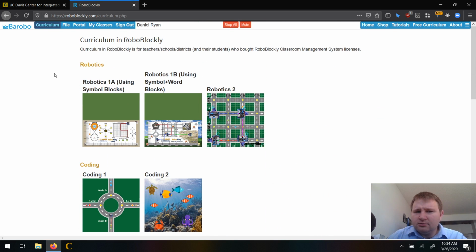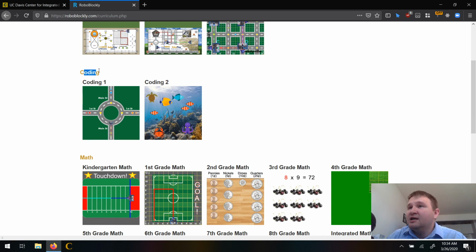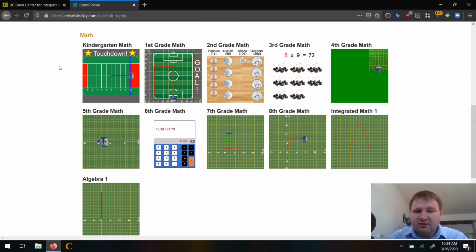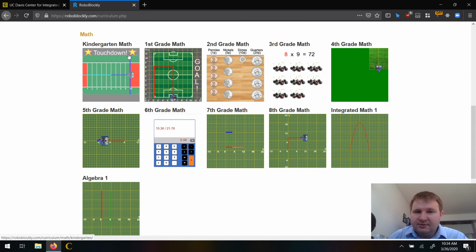If you scroll down on this curriculum portal, you'll see we have courses for robotics. We have Robotics 1A, 1B, Robotics 2. We also have courses for coding, Coding 1 and Coding 2. And then we have a number of math courses, kindergarten all the way up through Algebra 1 and Integrated Math 1. And these courses are constantly being adjusted and developed, and new activities are being added to them.